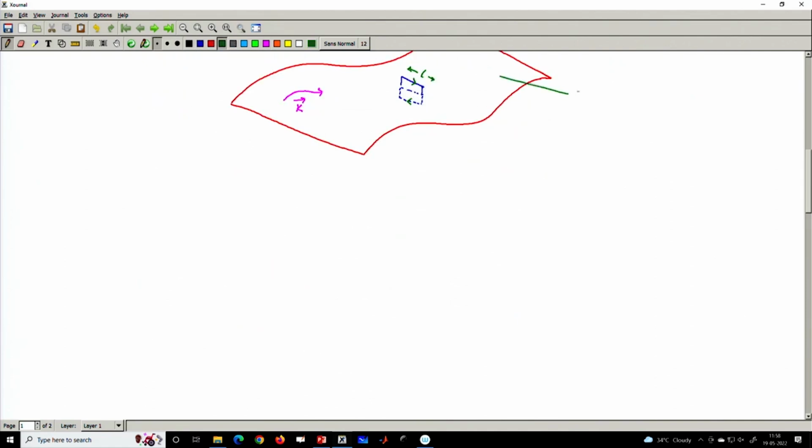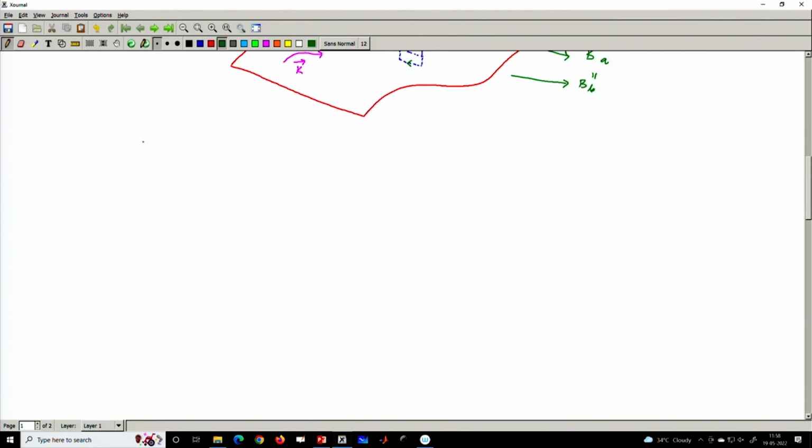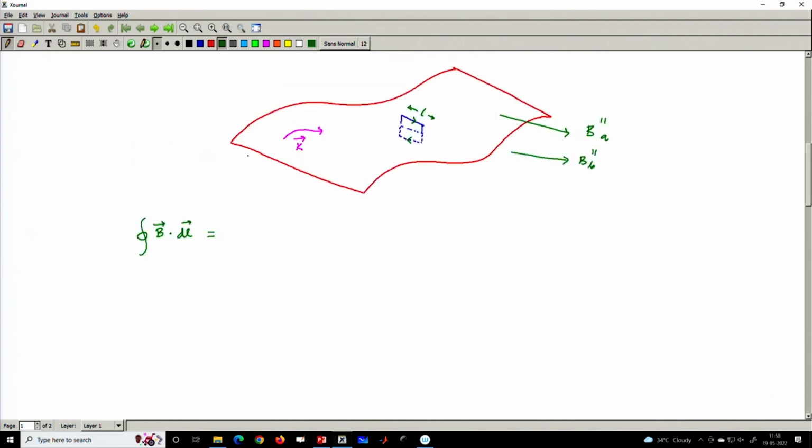So, this is the B parallel component, and B parallel, this is above, and below also we have a B parallel component. Now, I integrate this closed line integration, and that means I need to integrate over this closed loop, whatever loop I draw here, the Amperian loop.